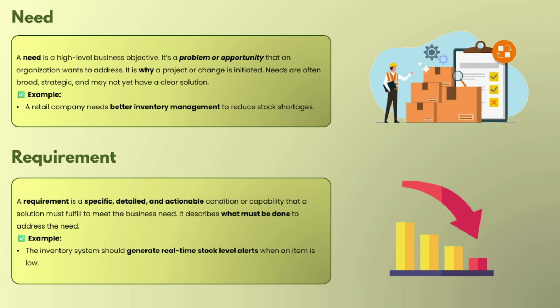The inventory system should generate real-time stock level alerts when an item is low. This is quite a simple solution they are providing. What they are telling us is that the inventory system should have low stock alerts and be able to predict stock requirement based on the seasonal demand to ensure better availability and avoid shortages.